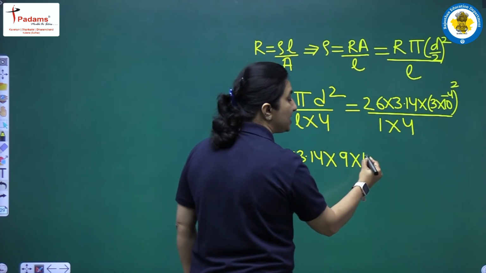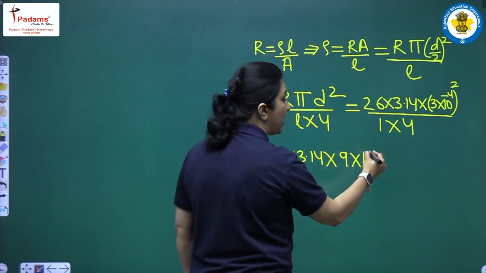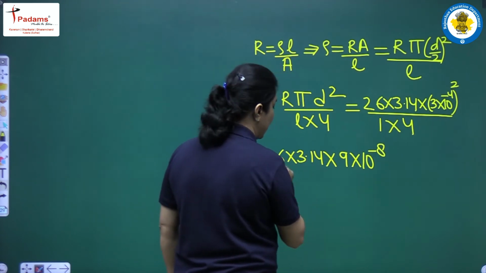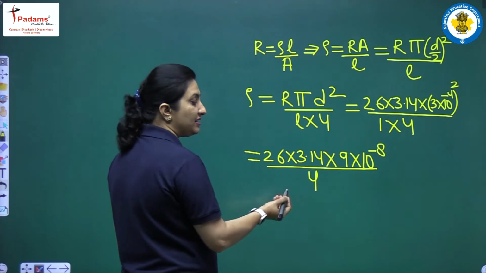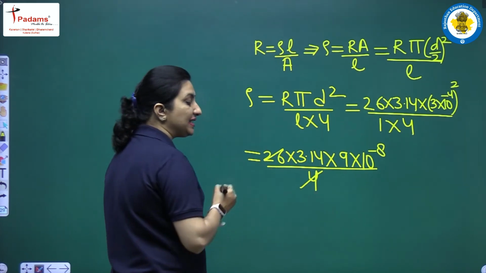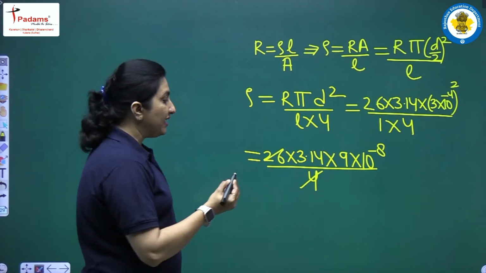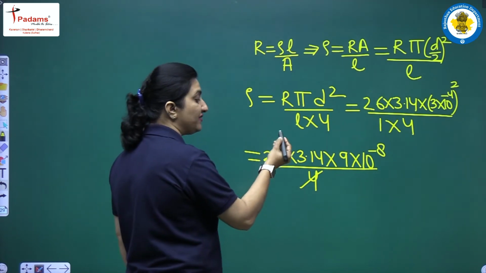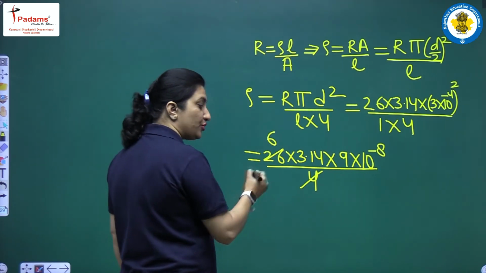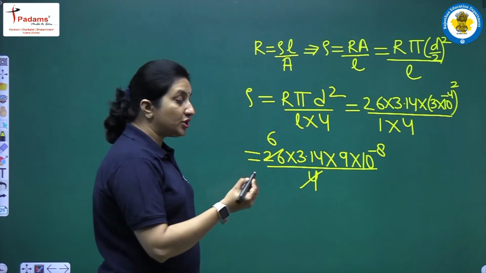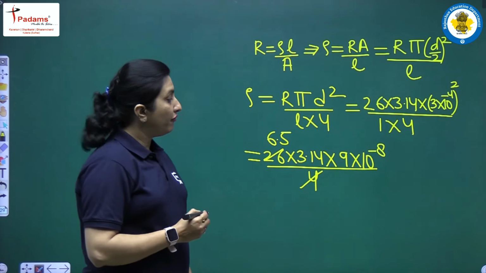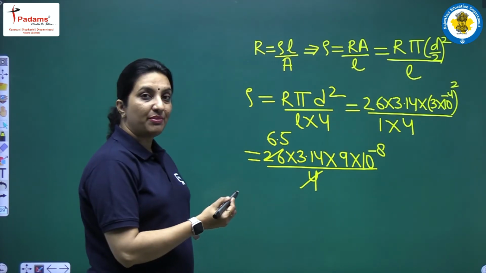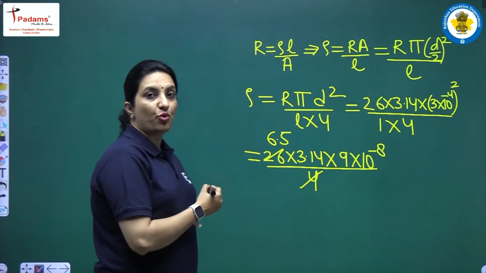And this becomes 10 to the power minus 4 square, so it will become minus 8 upon 4. So I'll divide this 26 by 4. 4 5s are 20, 4 6s are 24, then I am left with a 20. So 6.5. This 26 divided by 4 gives 6.5.